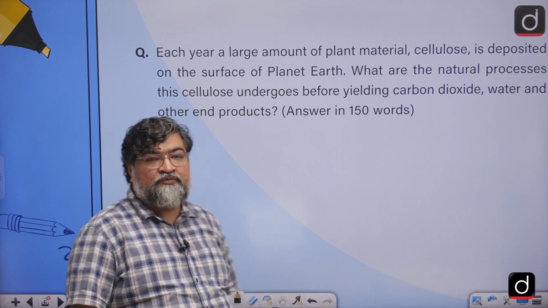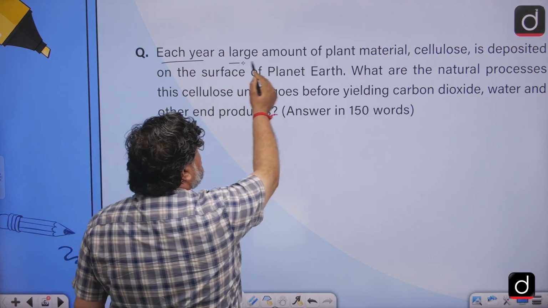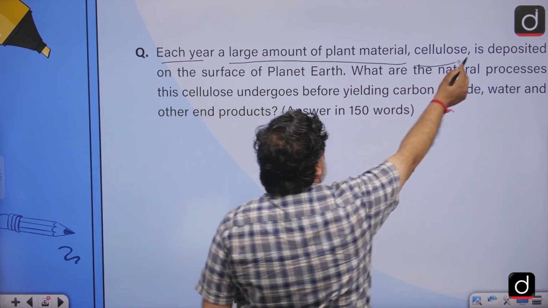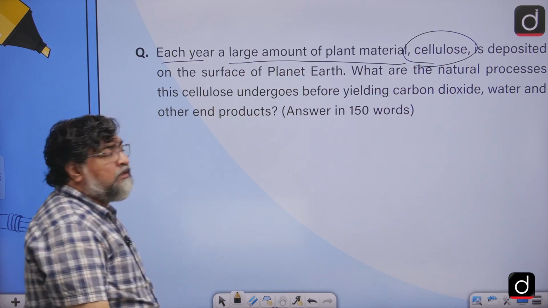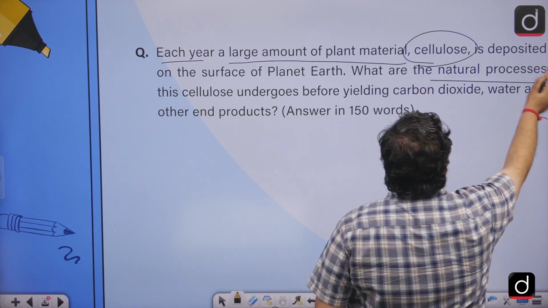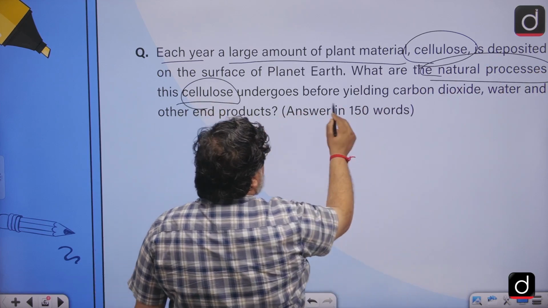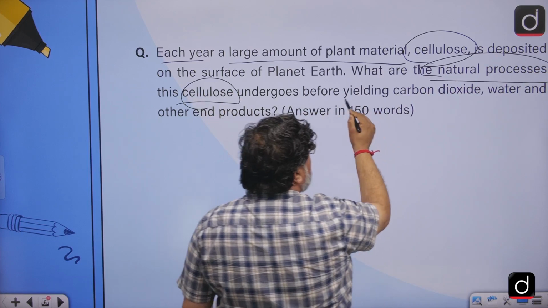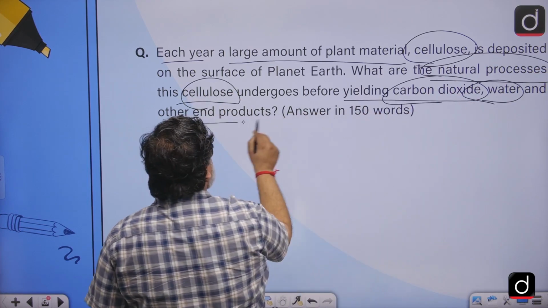So let me read the question first. Each year a large amount of plant material, cellulose, is deposited on the surface of the planet Earth. What are the natural processes this cellulose undergoes before yielding carbon dioxide, water, and other end products?